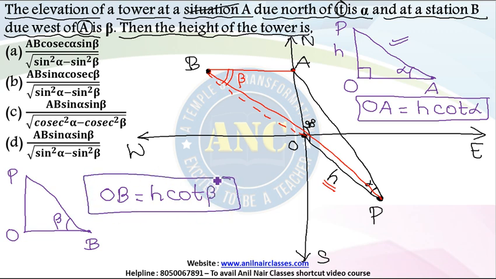Now they are again asking you to find the height of the tower, which is nothing but H. Now similarly, OA is nothing but this line, OB is nothing but this line. They are perpendicular to each other, and from B to A, the dotted line whatever I have drawn here will represent the hypotenuse of that right angle triangle OAB.